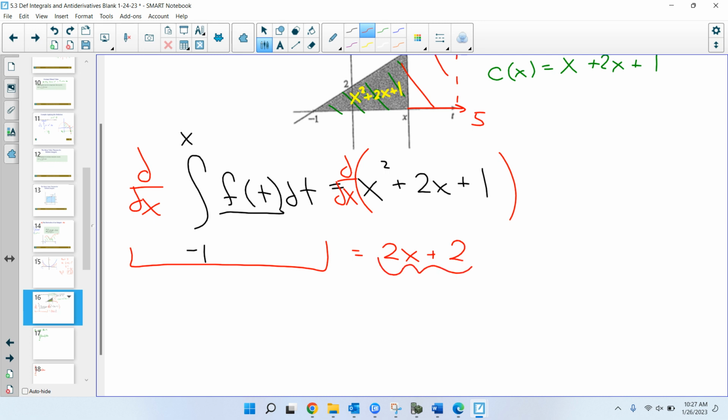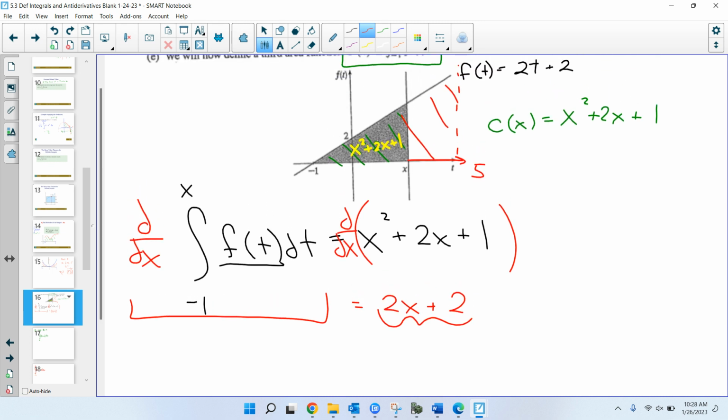This is, careful, what is that? It's not f of t. It's f of x. Little f or big F? Little f. This was big F. They wanted us to call it big C, but it's capital F, isn't it?